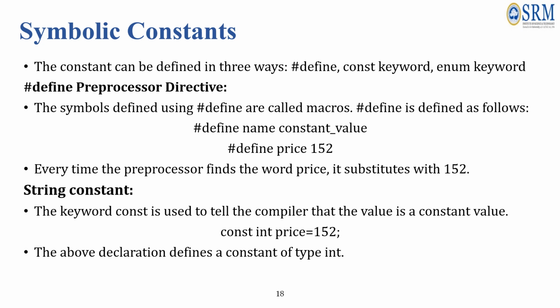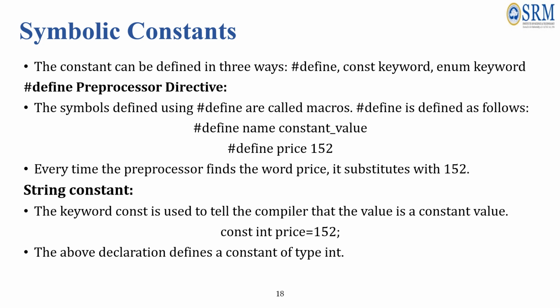So here hash define price 152 is given, where 152 is the constant value and the name of the constant is price, and it is defined using hash define. Every time the preprocessor finds the word price, it will replace it with the value 152.